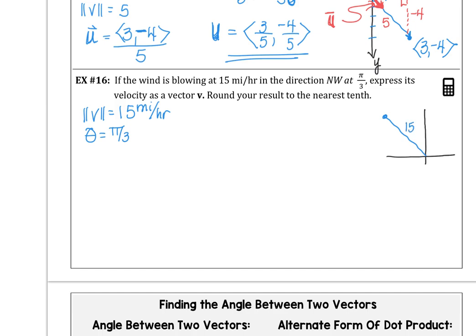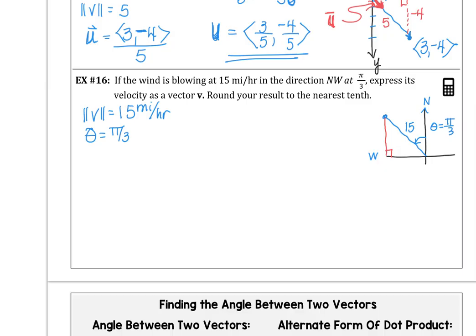The angle from north, let's see, this is north, this is west. So the angle in here is pi over 3. Drop a perpendicular back down to the x-axis.